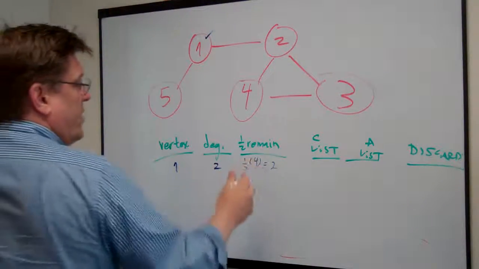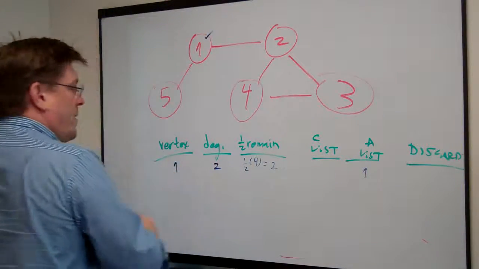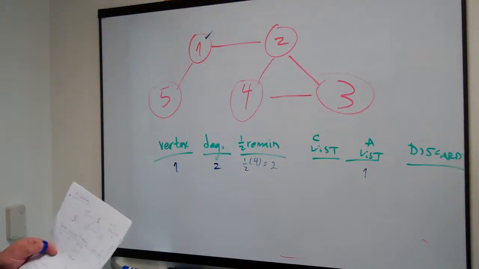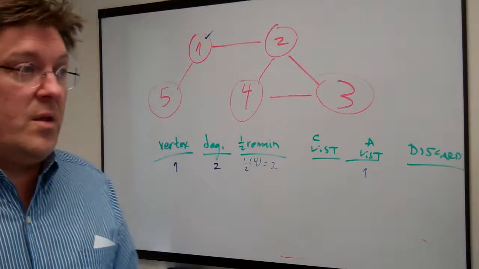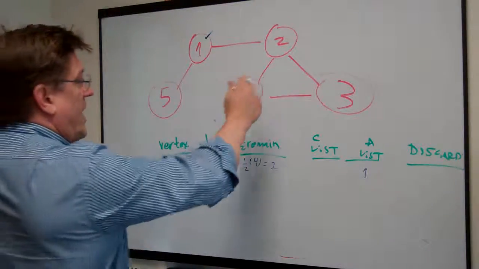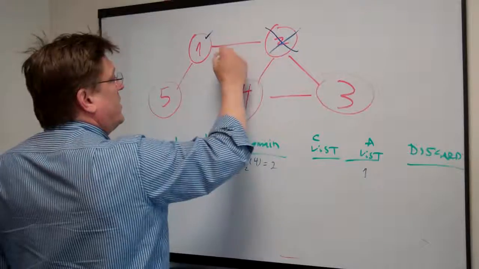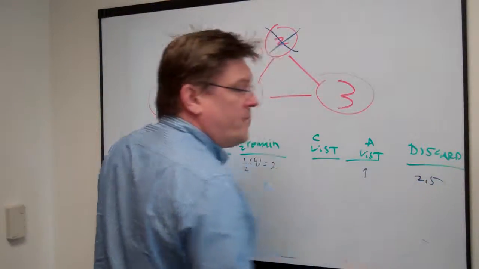So 2 is not greater than 2, so node 1 is going to be in the anti-click list. And so we're going to discard the ones that are connected to it, because it's in the anti-click list. This one's connected to 1, and this one's connected to 1. So 2 and 5 are gone.